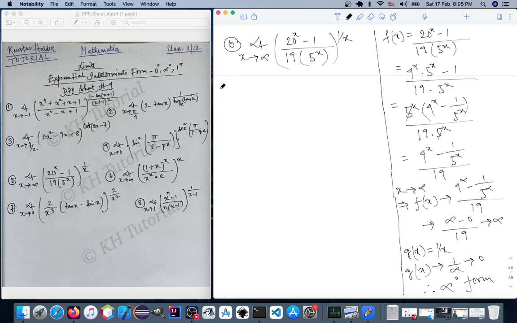So we let y equals to the given limiting function, and then we take log of the limit.